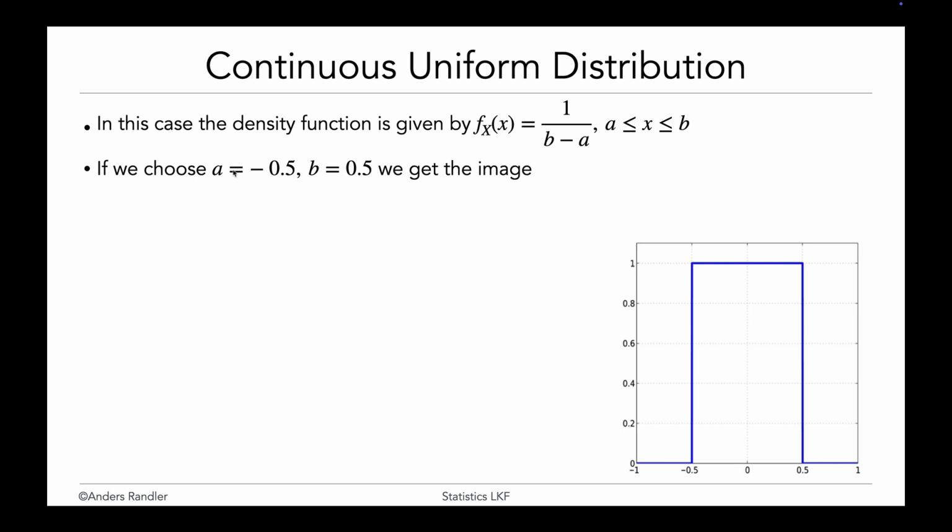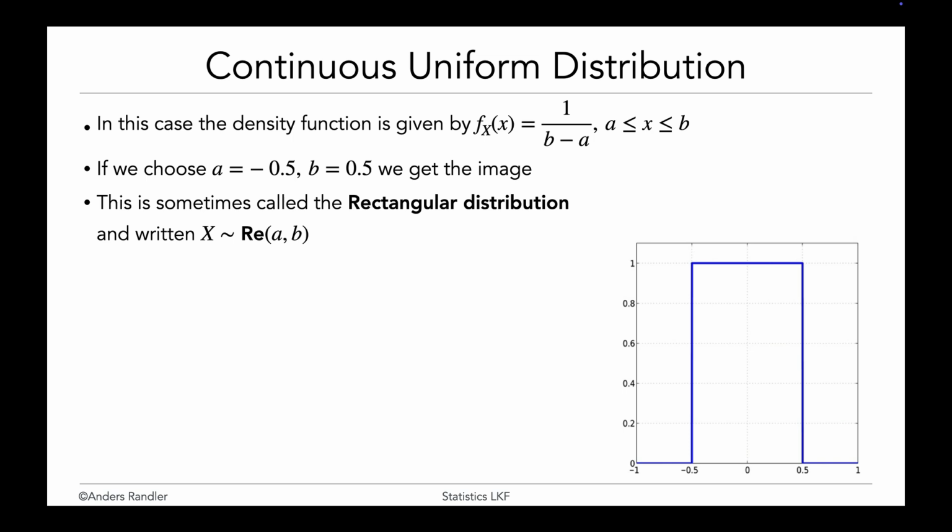Right here, I've chosen a really simple one. I'm going from minus 0.5 to plus 0.5. And we have to make sure that the height is the way that if you take the complete area, it has to be 1. But because of the width, the fact that the width is 1, the height should be 1, because then the area of this will be 1.